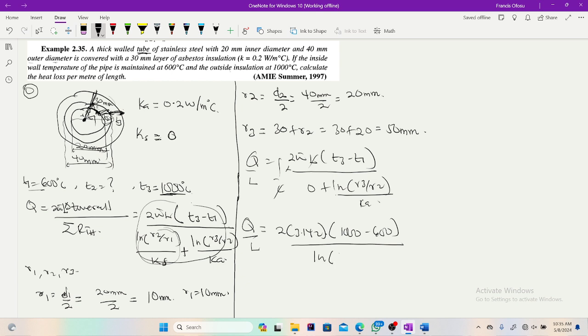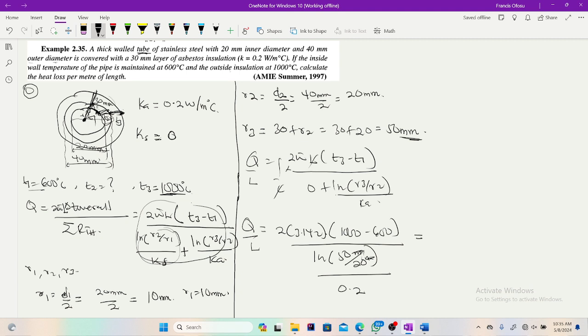length. So our R3 is 50. I'm leaving it in millimeters because it's a ratio, so the units will cancel out. All over R2, which was also 20. So if they are both in millimeters, they cancel out. All over the K of the asbestos, also 0.2.